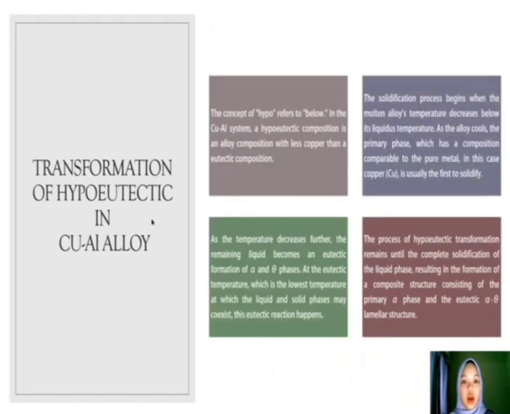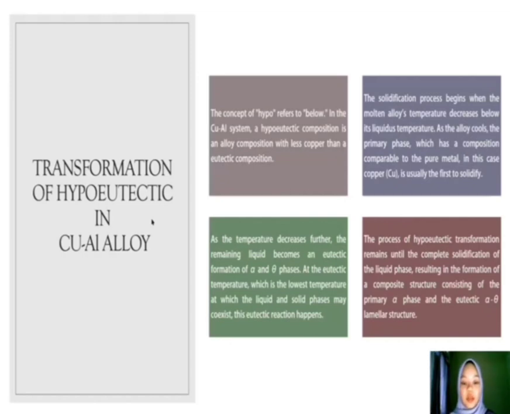For hypoeutectic, we know hypo means below. So a hypoeutectic composition is an alloy with less copper than the eutectic composition, and solidification will begin when the molten alloy temperature decreases below the liquidus temperature. As the temperature decreases further, the remaining liquid becomes a eutectic formation of alpha and theta phases.